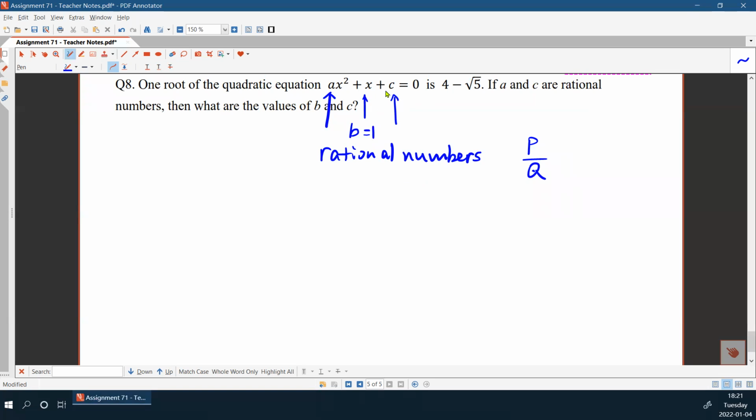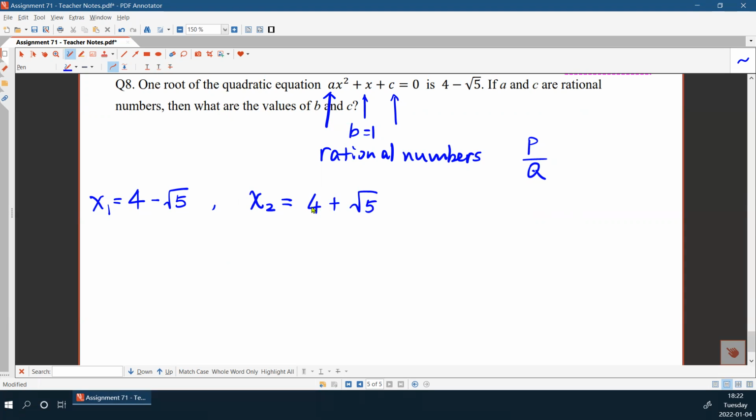And if all the coefficients are rational numbers and one of the roots is 4 minus square root of 5, can you tell me what is the other root? According to our analysis in our previous question, it should be 4 plus square root of 5, right?